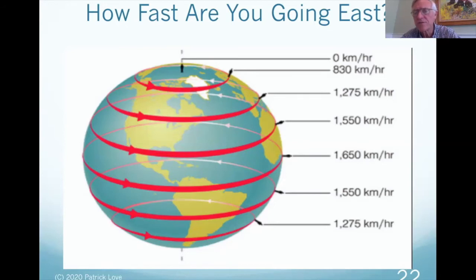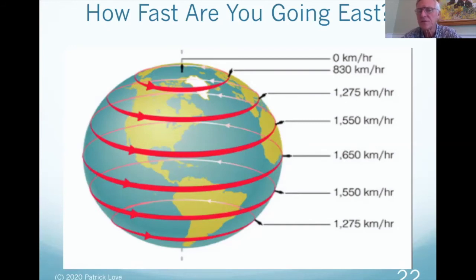The atmosphere is a very thin layer. And you might wonder, does the atmosphere turn at the same rate as the Earth does? And the answer is yes, near the surface. As you go up, you can get some vertical shear, but typically most of the atmosphere, which is very thin compared to the radius of the Earth, goes around at the same velocity.